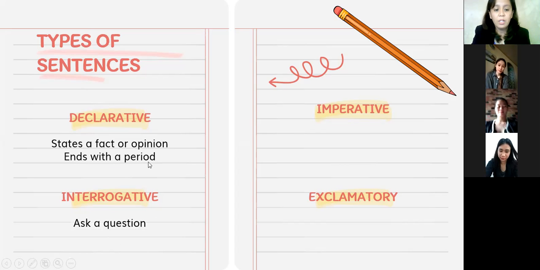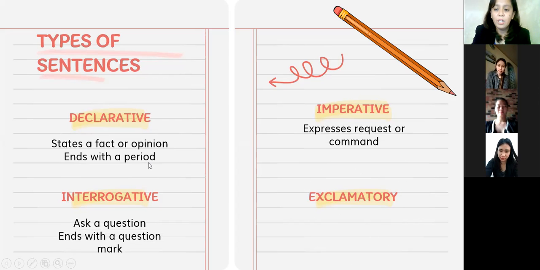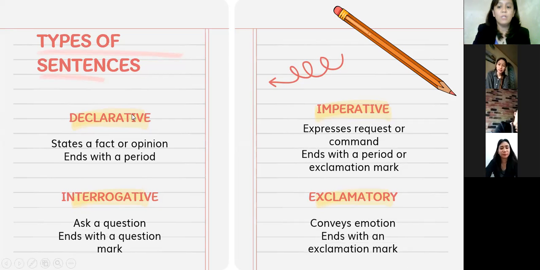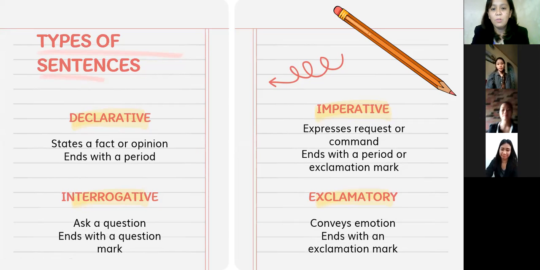The interrogative asks a question and ends with a question mark. The imperative expresses a command or request and ends with a period or exclamation mark. And lastly, the exclamatory conveys emotion and ends with an exclamation mark. So those are the four types of sentences based on their function. Let's test our knowledge.